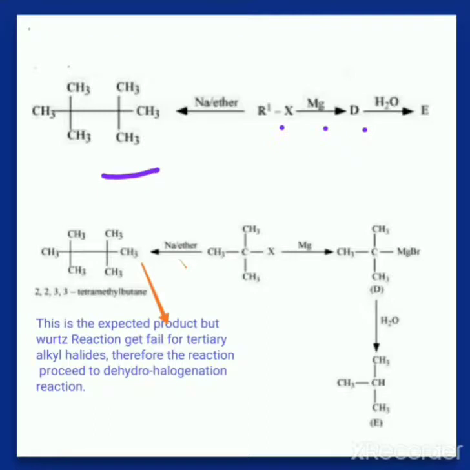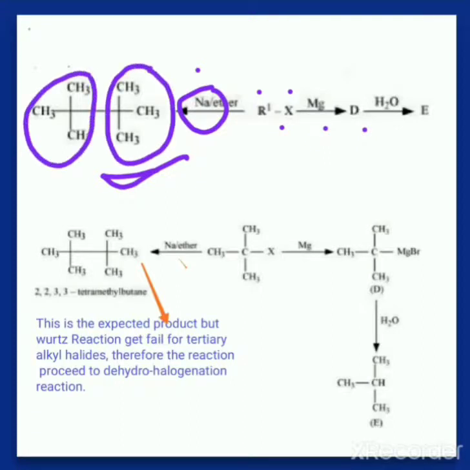Here R dash X reacts with sodium to give this product. We know that when an alkyl halide is treated with sodium, the reaction is called the Wurtz reaction. In the Wurtz reaction, there is doubling of the alkyl group. So here two parts are doubling.